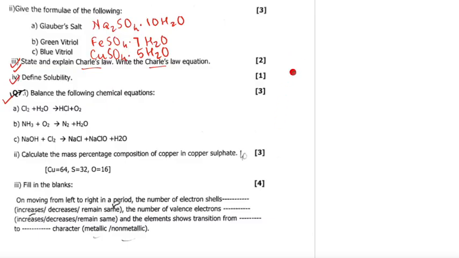Now here, question number 7, we will have the second part. We first have to find out the molecular weight of CuSO4.